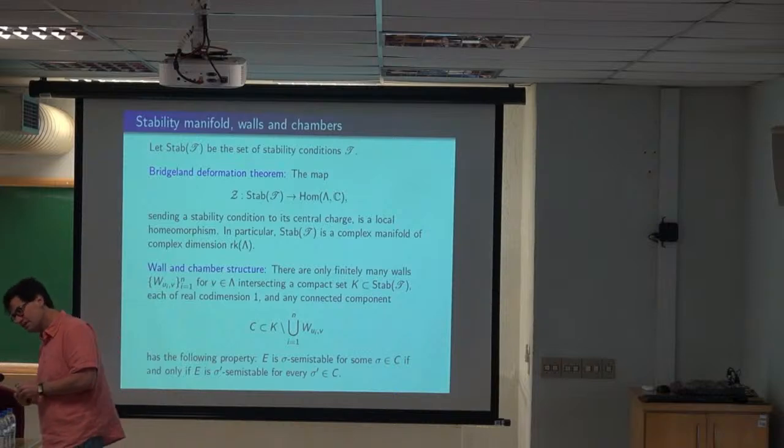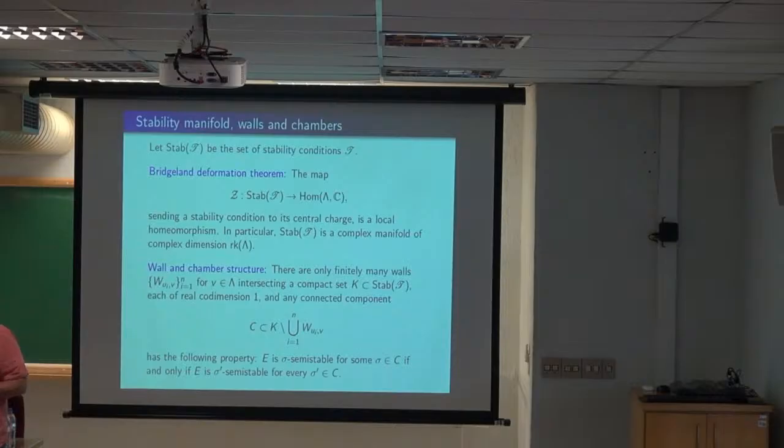And if she does a little ant step in the same direction as she was going, her stability detector becomes red, meaning that one of the objects was stable, became semi-stable at the wall, and then became unstable after the wall. So the set of stable objects changes as the ant is walking in this stability manifold.